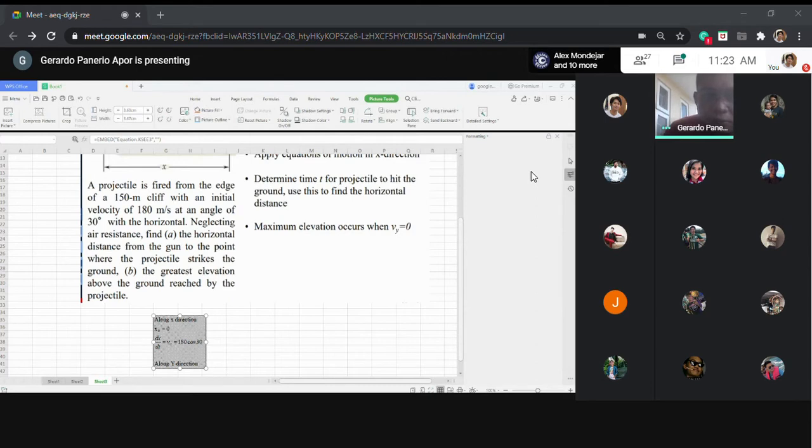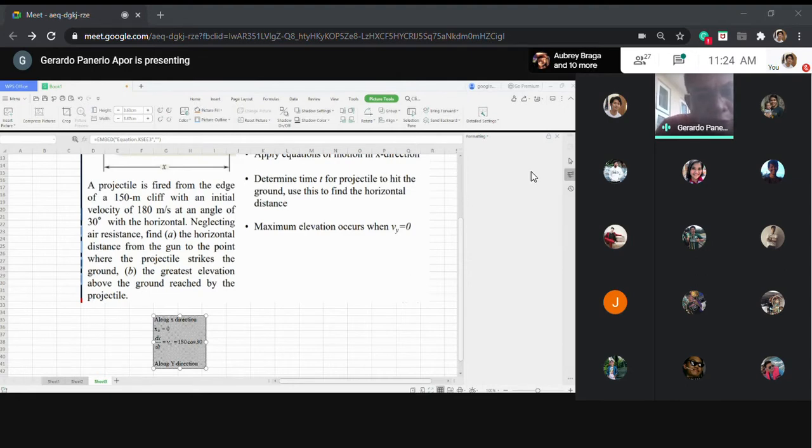Okay, that means, based on the given, we can see that x as a function of time, from the previous equation of v, is equal to 180 cosine 30 degrees times time plus a constant of integration.